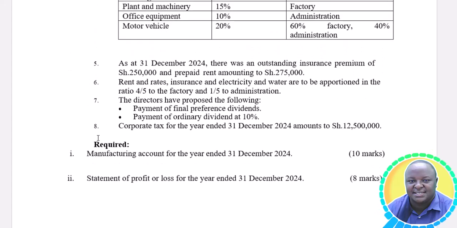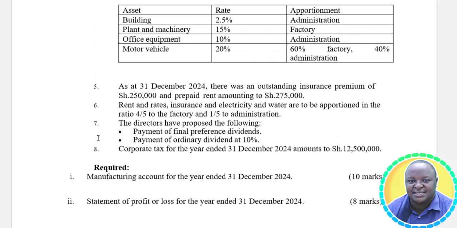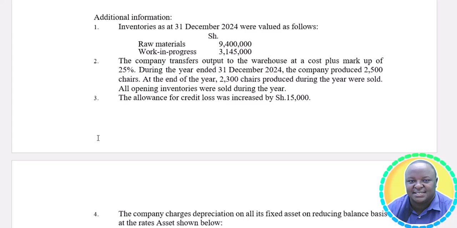Now in this perspective, in our additional information number 2, we have been told that the company transfers output to the warehouse at a cost plus markup of 25% during the year ended 1st December 2024. The company produced 2,500 shares and at the end of the year, 2,300 shares produced during the year were sold.